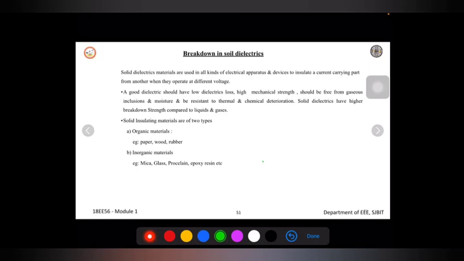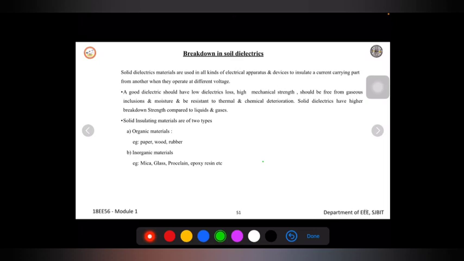If it is exposed to any form of chemical, it should not deteriorate. That is also very important. Solid dielectrics have higher breakdown strength compared to liquids as well as gases. The breakdown strength is much higher because of a few characteristics, which we can see in the coming slides.